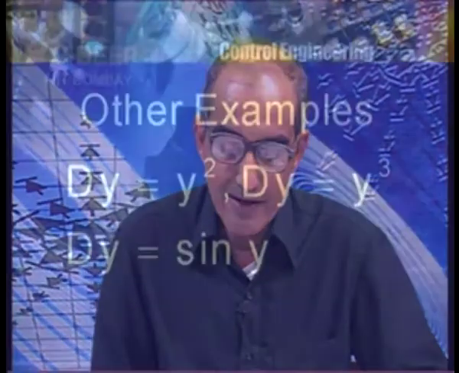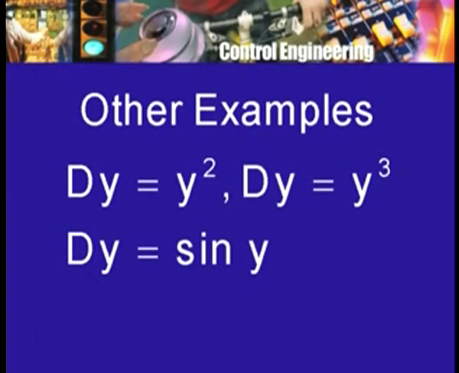And the main point is that you can recognize something as being linear by its form, by its appearance, whereas there is nothing like an appearance of a nonlinear system. For example, dy equal to y square is nonlinear, dy equal to y cube is also nonlinear, but that is not all.